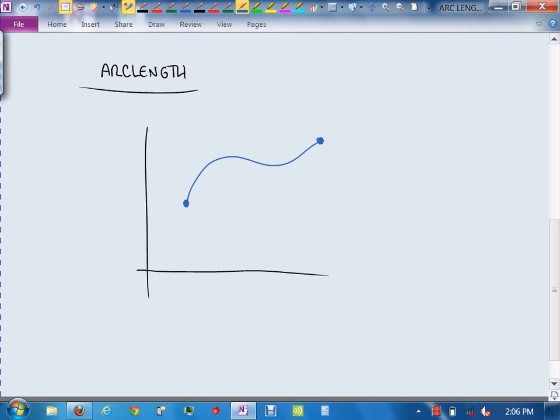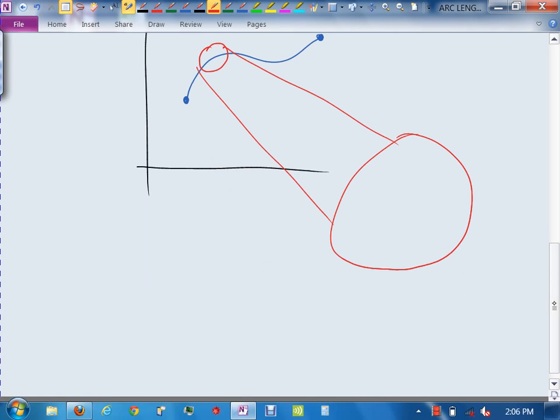I don't think I've looked at this in the book. So let's see if I can remember this. I should be able to. Okay, so what we're going to do is we're going to blow up one section of this. Let's just zoom in onto this one section and take a look at it. So now I'm zoomed in on that one section.